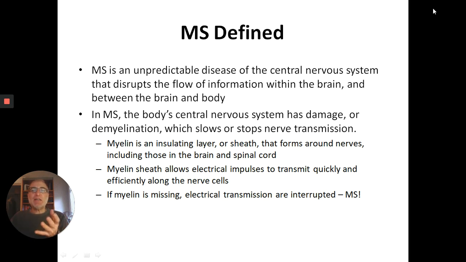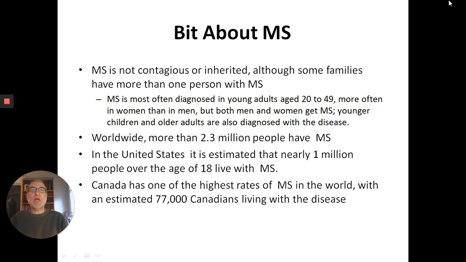What is myelin? It's an insulating layer or sheath that forms around nerves, including those in the brain and spinal cord. The myelin sheath allows electrical impulses to transmit quickly and efficiently along the nerve cells. So if the myelin is missing, the electrical transmissions are interrupted, hence MS. So that's the physical attribute of what you have if you have MS.